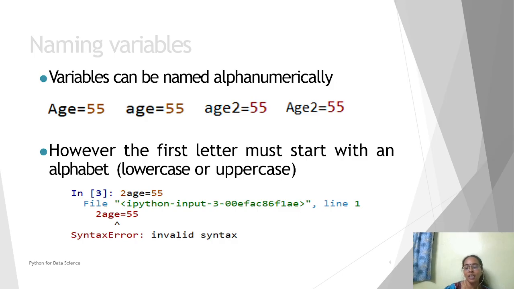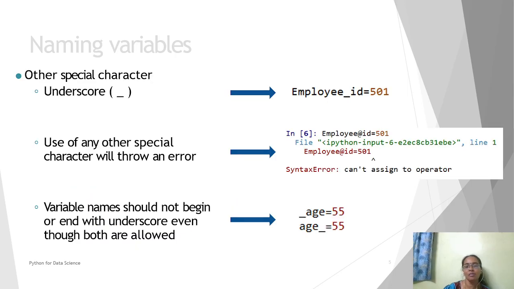It will give an invalid syntax error. Among special characters, we can use the underscore. Other than underscore, we should not use any other symbols like the at symbol or dollar symbol. And before or after the variable name, we should not use the underscore.